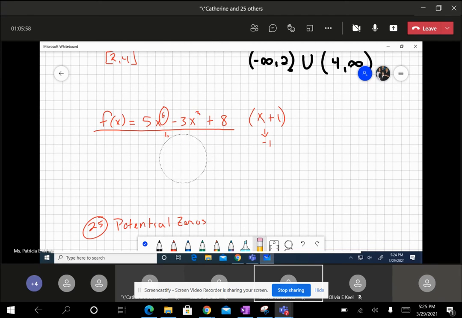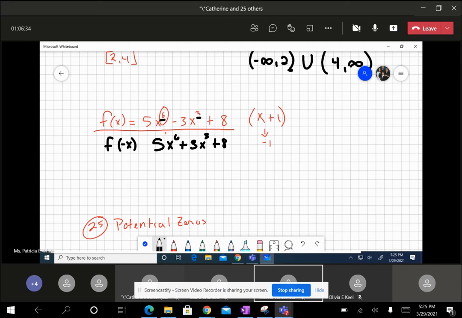And then if I was talking about f of negative x, here we go again. When that exponent is even, my sign won't change, but if that exponent is odd, my sign will change. So this would still be positive 5x to the 6th, and this would be a positive 3x to the 3rd. So how many of them would be negative?